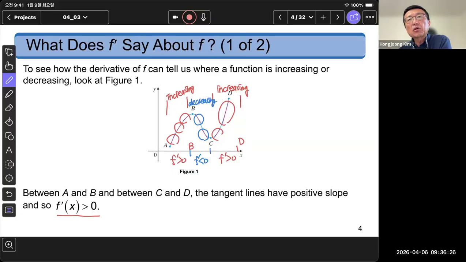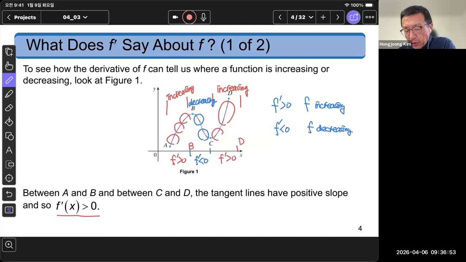So what is the conclusion then? When f prime is positive, then my function f is increasing. When f prime is negative, then f will be decreasing.